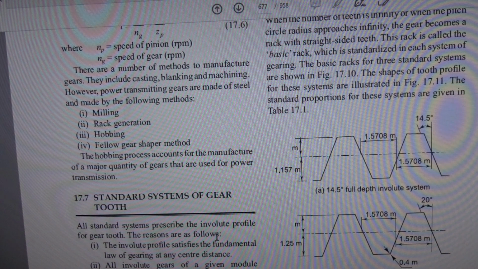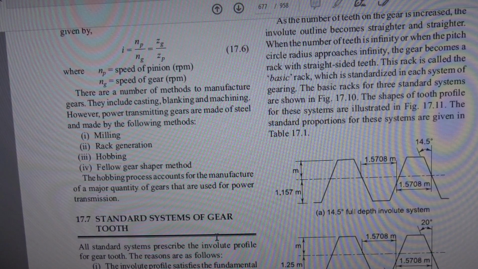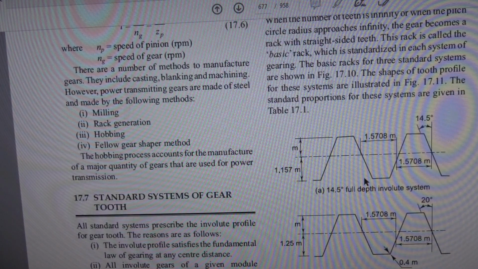So in this video I explain the different types of pressure angles. There are three types of pressure angle: 14.5, 20 and 20 degree.